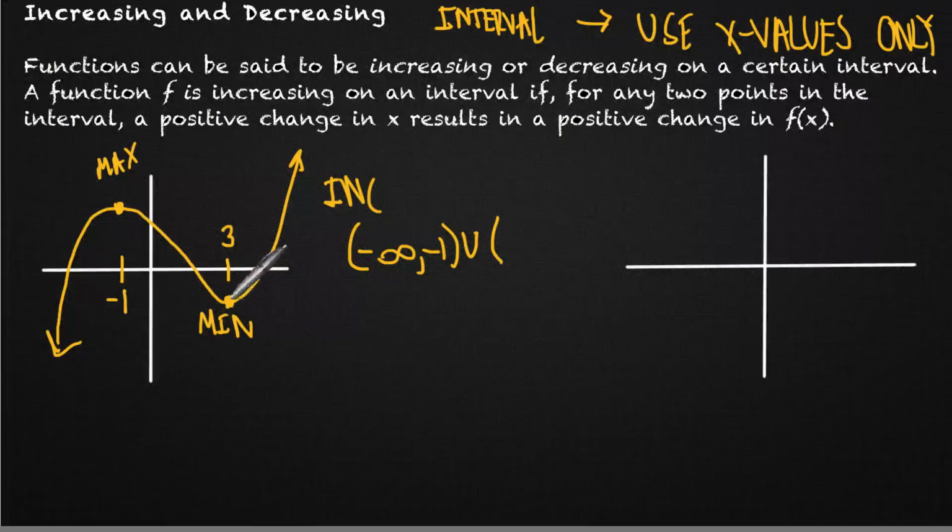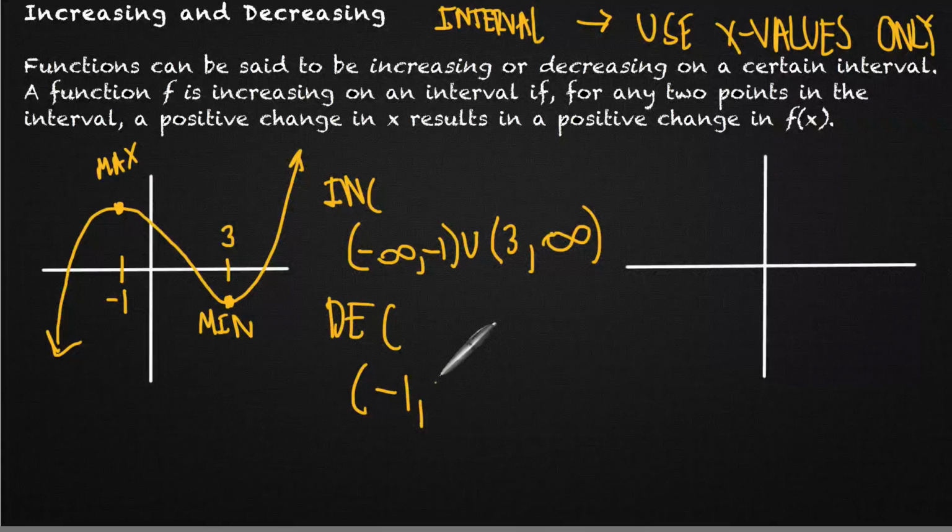It increases again when x is 3. Notice I'm not using the y coordinates at all. And it continues to increase as x moves towards positive infinity. So there is the increasing. Decreasing, well, it only decreases from here to here, so it's going to decrease from -1 to 3. And we don't use brackets on these, we just use parentheses. So that is the idea.